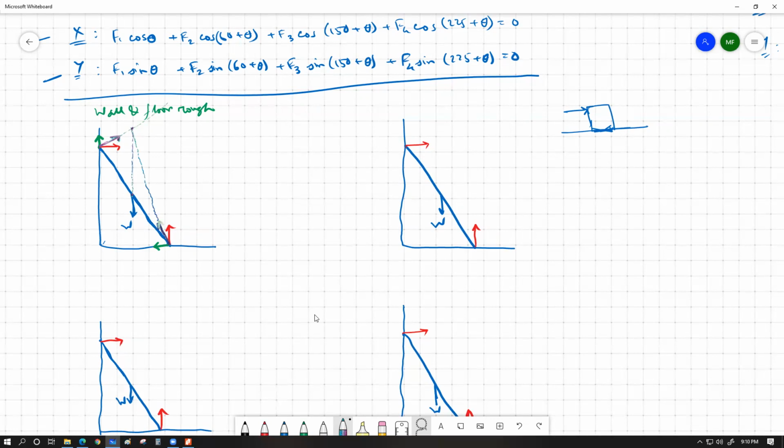This actually goes on to show us that it is possible for this scenario when both the wall and the floor both are rough, that the three individual forces, the combined force, resultant force from this top point, the resultant force from the bottom point, and also the weight, all of these three forces can logically have one single common point. So equilibrium is possible. So it is possible that if both the surfaces are rough, the ladder can be stationary.